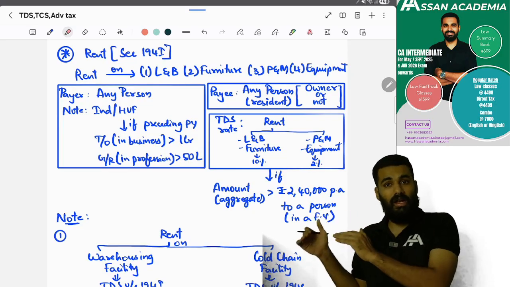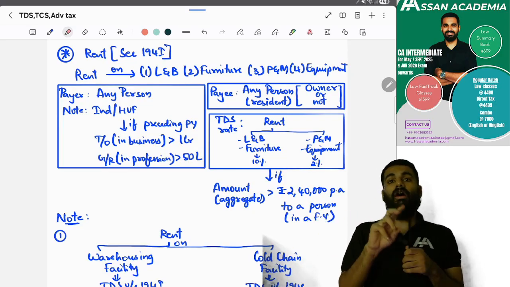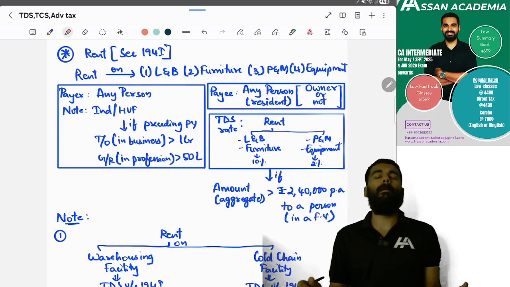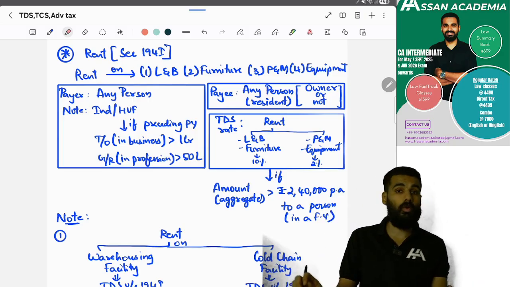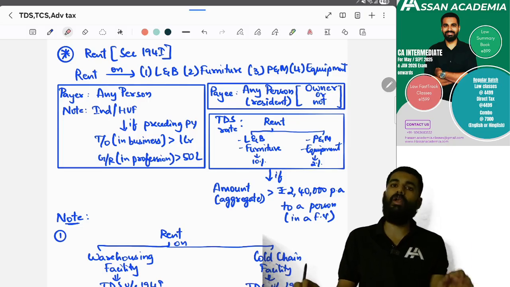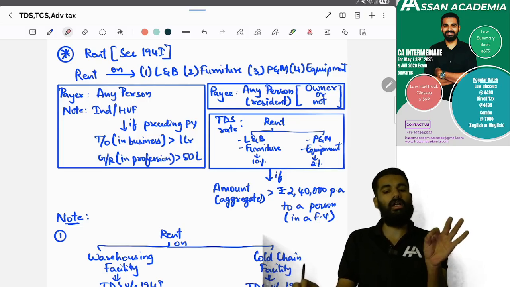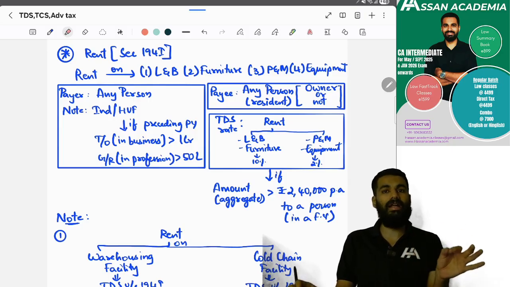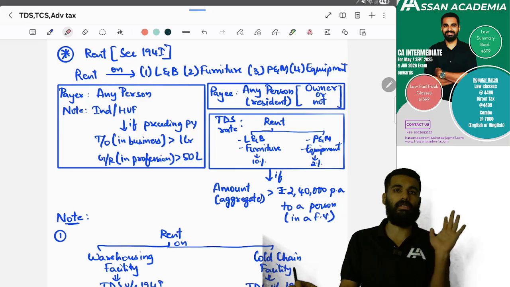This person should be a resident, and then if the rent is more than 2,40,000 rupees in a financial year, then for land and building and for furniture it is 10%, and for plant and machinery and for equipment it is 2%.